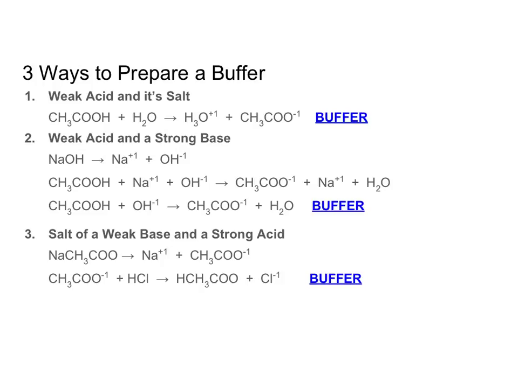Number 1's example is the acetic acid acetate buffer. Number 2's example is acetic acid and a strong base. And example number 3 is the acetate ion with hydrochloric acid. All of those make a buffer solution.